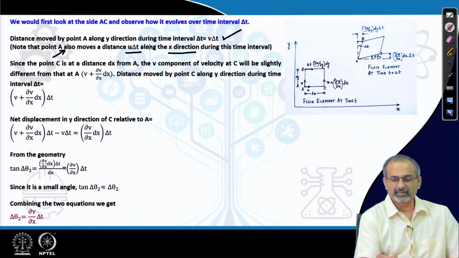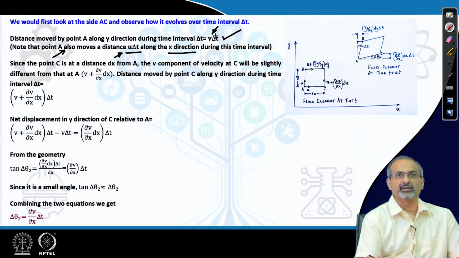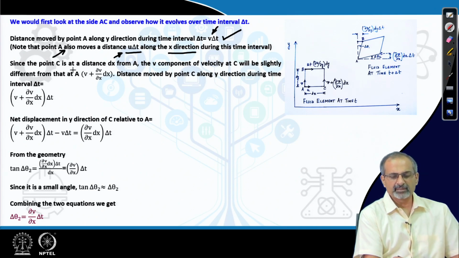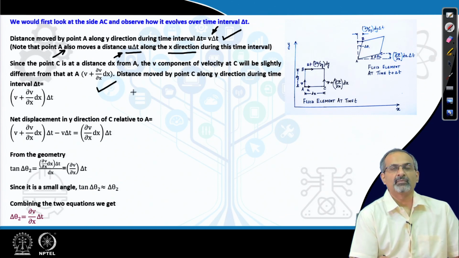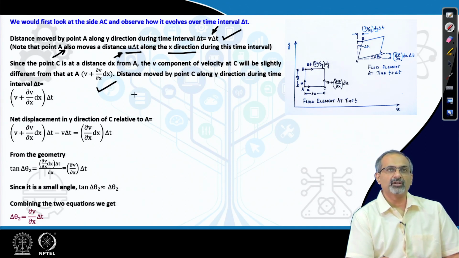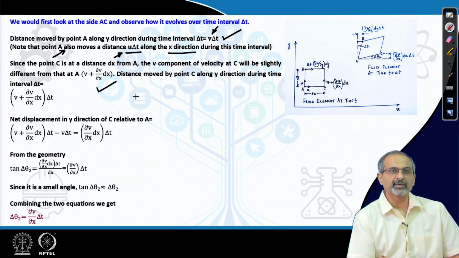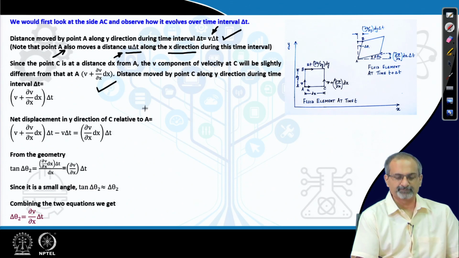That is why we are keeping silent about this part, we are more busy analyzing the v part. Since the point C is at a distance dx from A, as we explained, it has a slightly different v component of velocity there, and therefore, it would displace by a different rate.